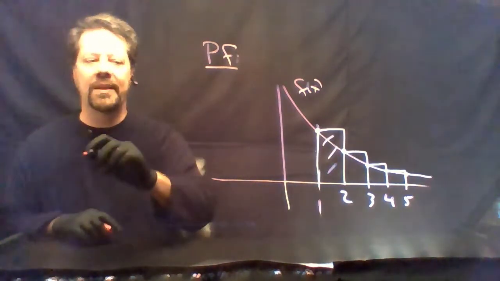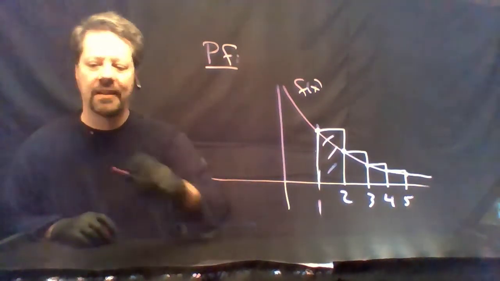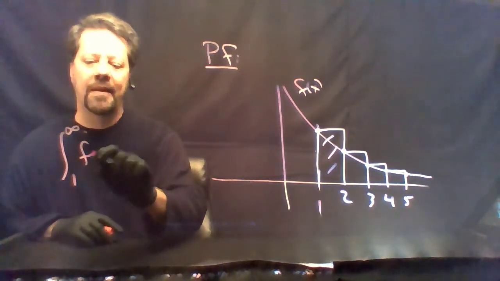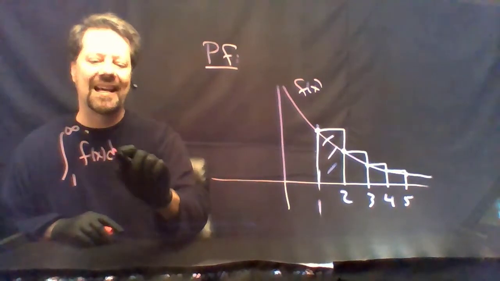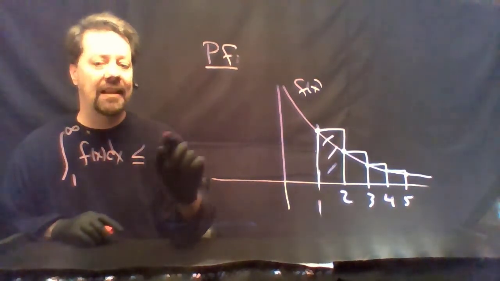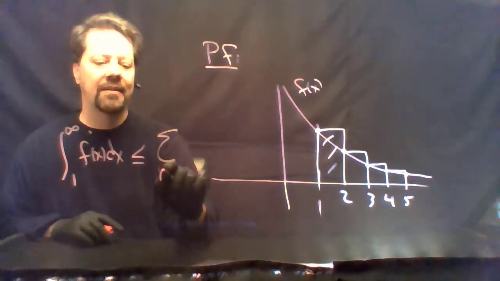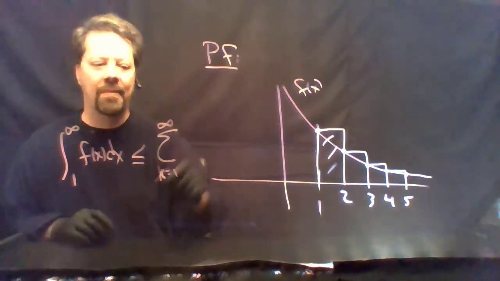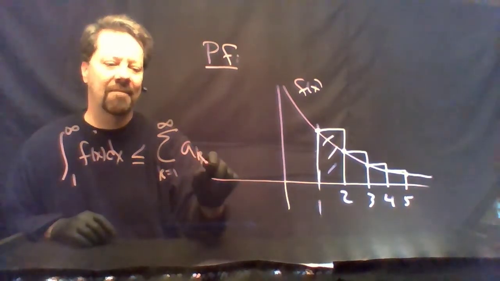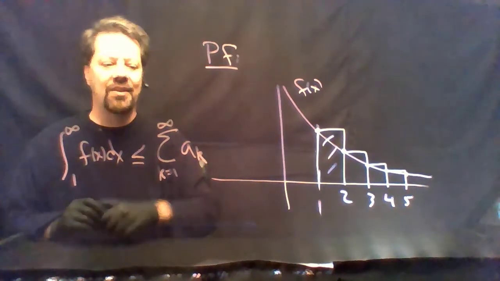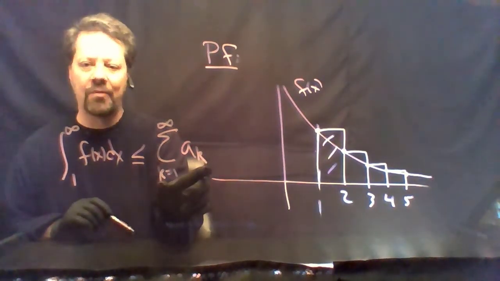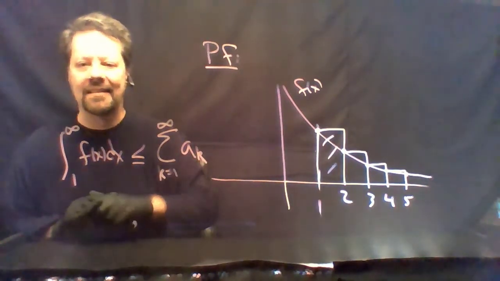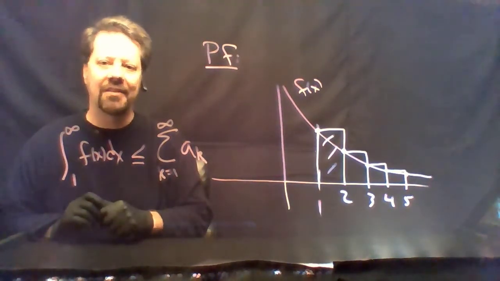So we get the following inequality: the integral from 1 to infinity of f of x dx is less than or equal to the sum, as k goes from 1 to infinity, of a sub k. So the area represented by the series will dominate the area of the undergraph.